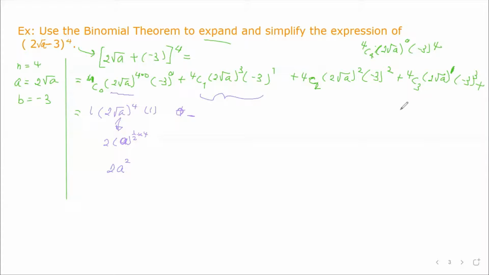And the rest you just simplify. Please use the formula of the binomial expansion; only the index is different here. And don't forget the sign, this is a minus. Okay, so we go to the next example.